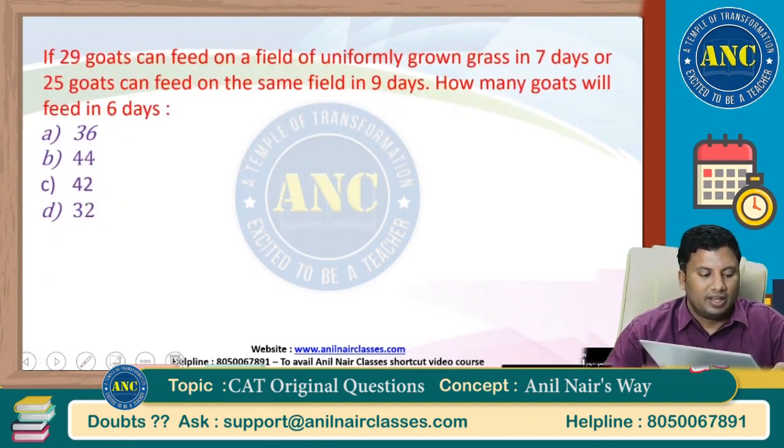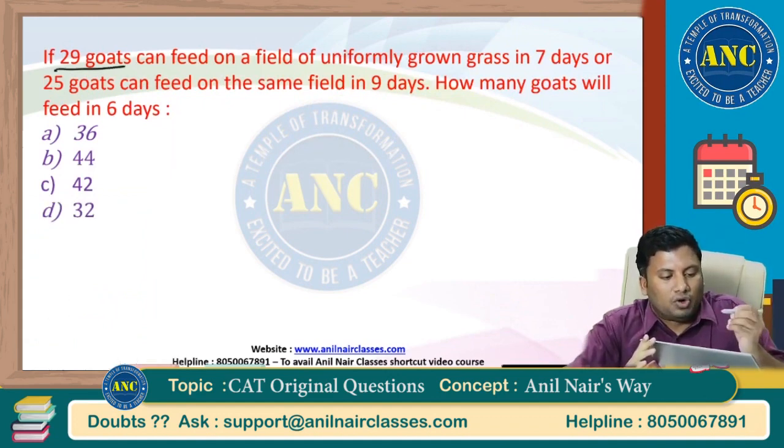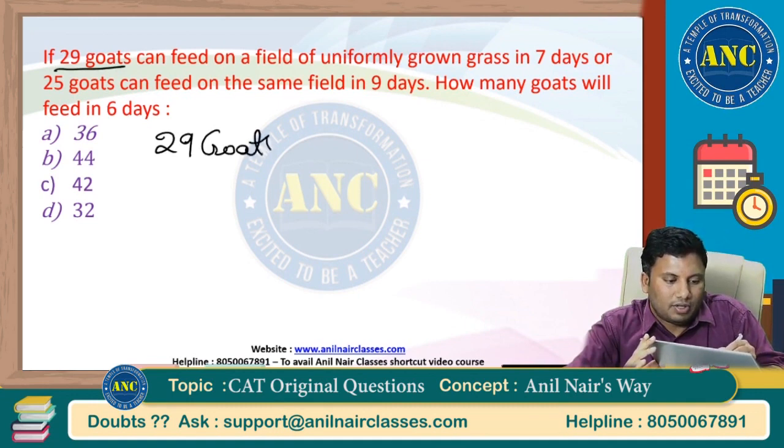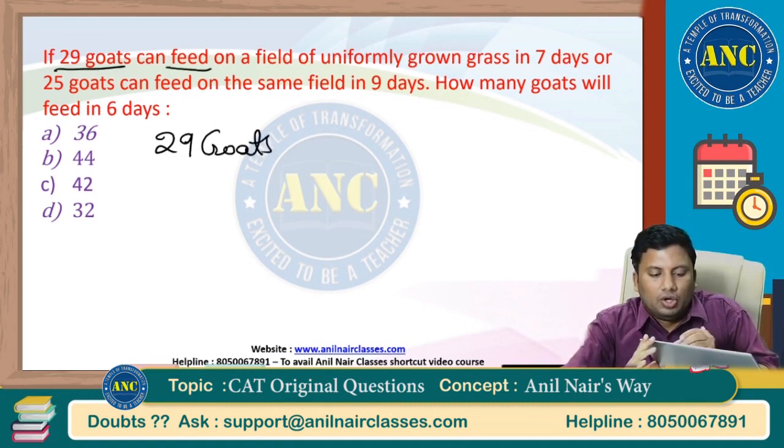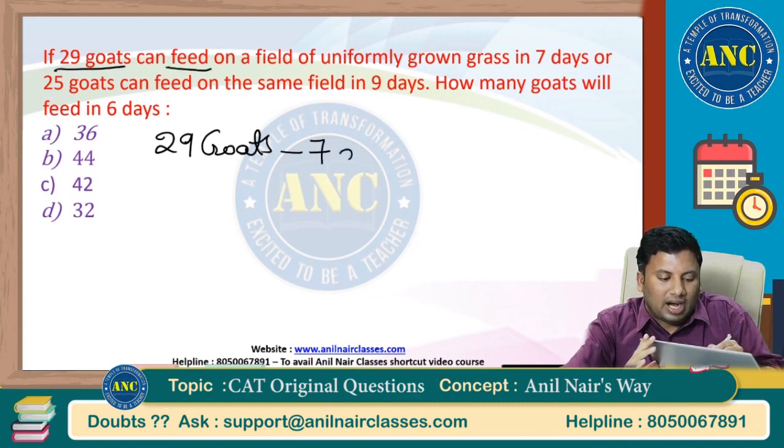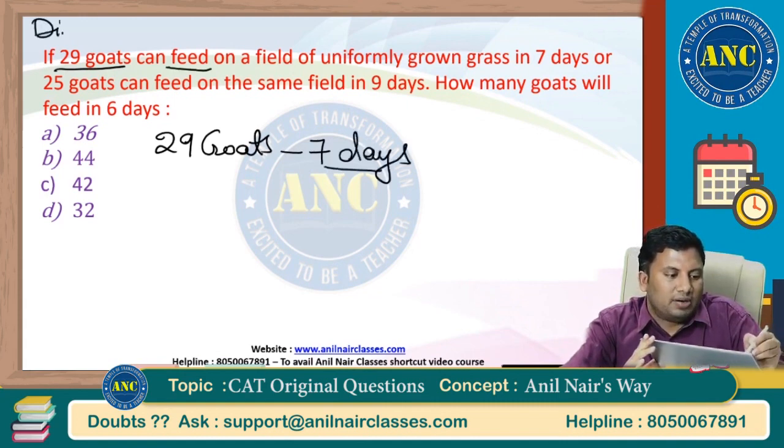See here. 29 goats can feed on a uniformly grown grass in 7 days. This is a question based on a direct relation.